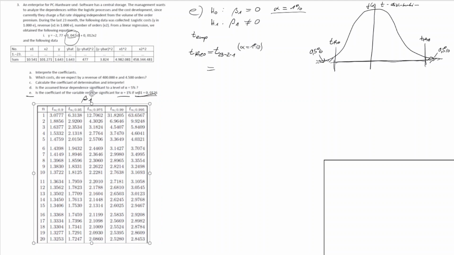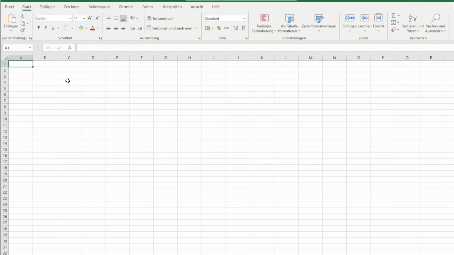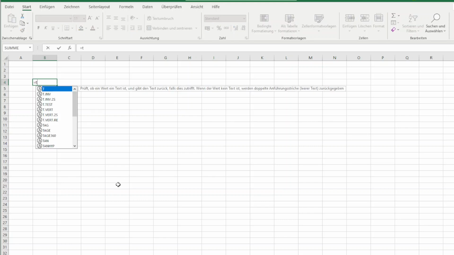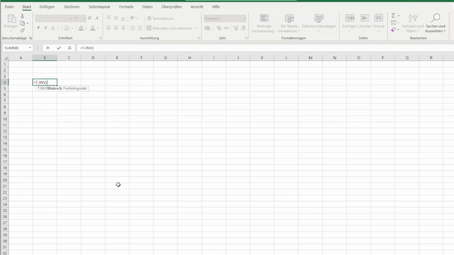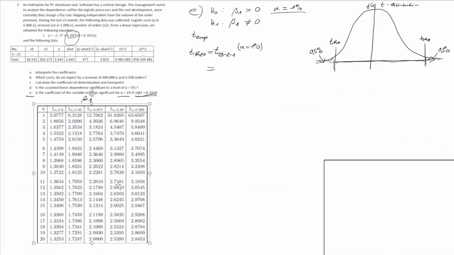Okay, and let's do this also within Excel. Then we have equals t, the inverse function of 0.995 and 20, and hopefully my syntax is again right, 2.845, and this we have also here.